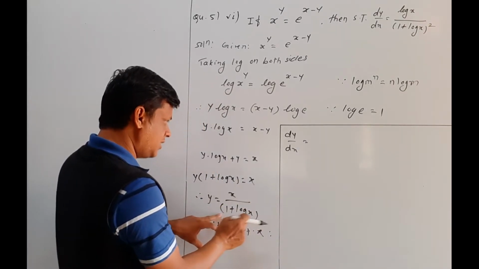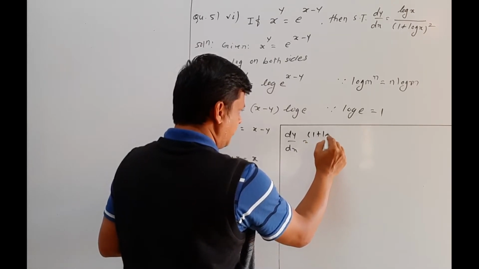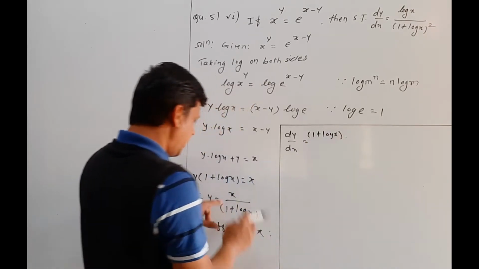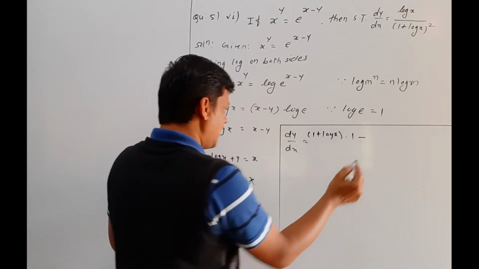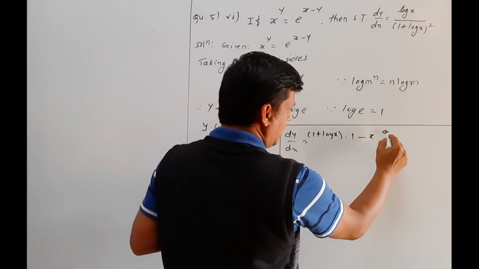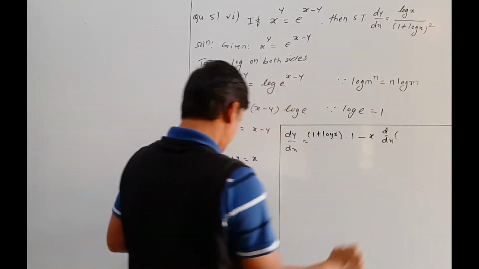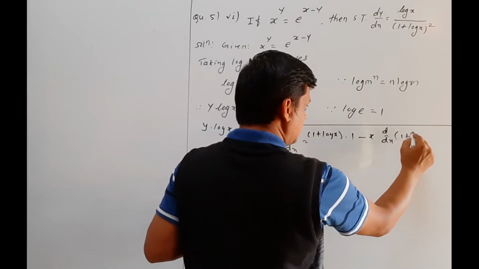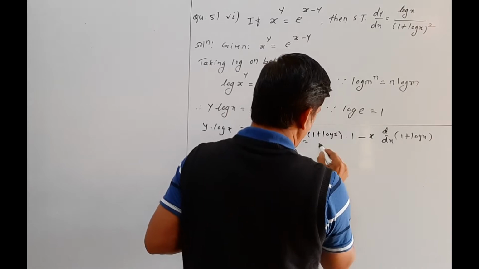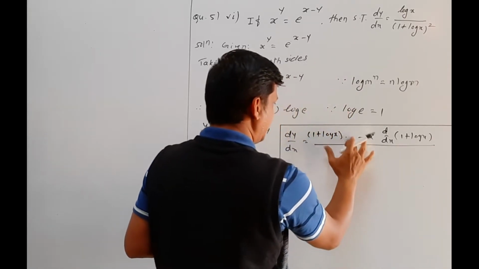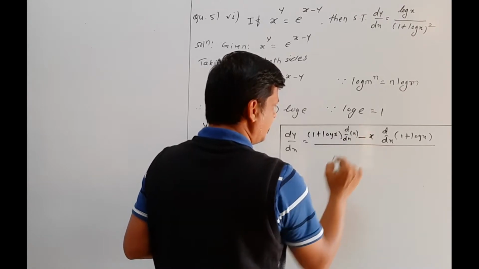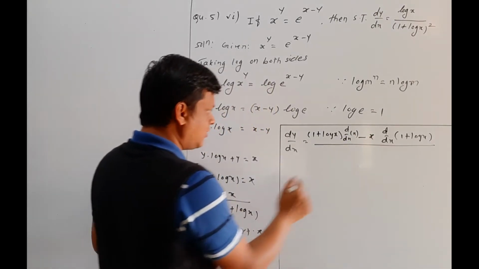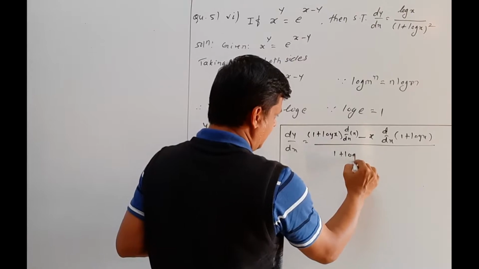So write 1 plus log x as it is. 1 plus log x into the derivative of x with respect to x, which is 1, minus x into d by dx of this 1 plus log x, upon 1 plus log x, its bracket square.